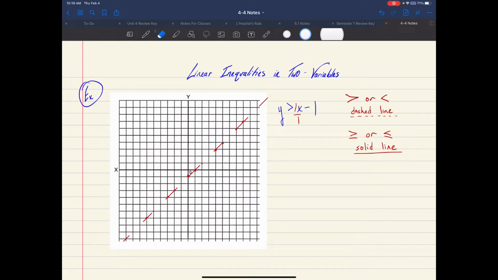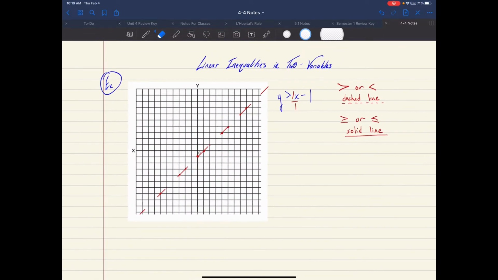If you have y is greater than, this is telling us to shade above. If you have y is less than an equation, then you shade below.